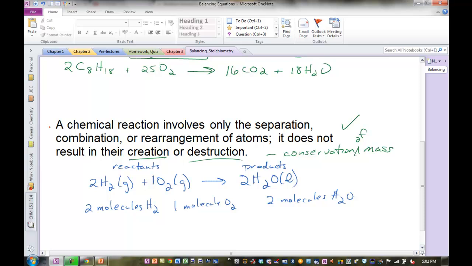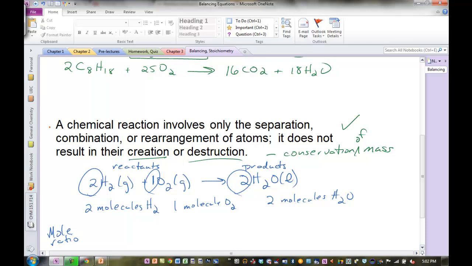However, and this is a big however, we will rarely read the coefficients like that. And I hope you see where this is going, because I've been talking about moles a lot in this course. We are almost always going to read these in terms of a mole ratio. Now make sure you note I say mole ratio.